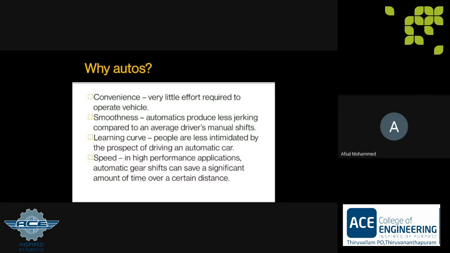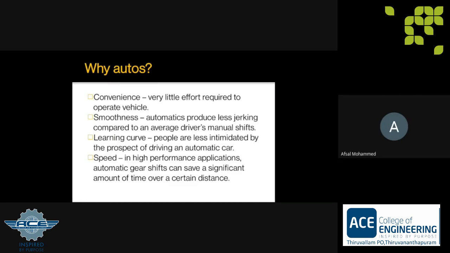The third point is the learning curve. Those who know how to drive will definitely know that there is a steep learning curve if you don't know how to ride a motorcycle or if you haven't been engaged with something with a transmission before, because we have to learn how to balance the clutch and the accelerator. Otherwise, the clutch will be worn a lot, or something can happen in the initial stages of learning.